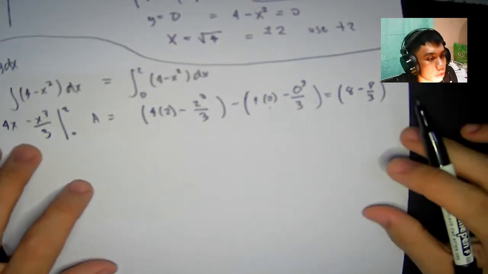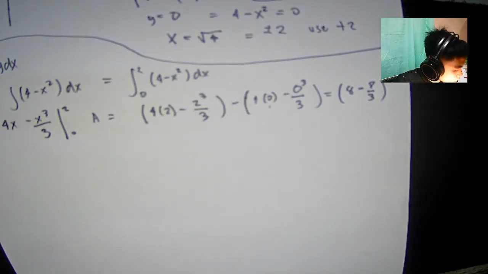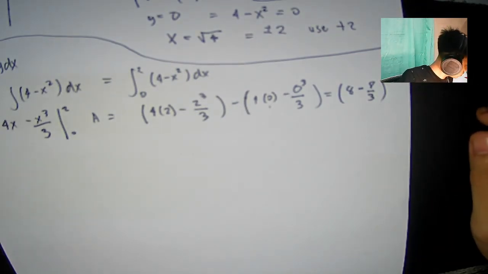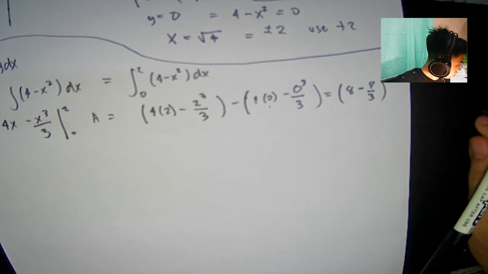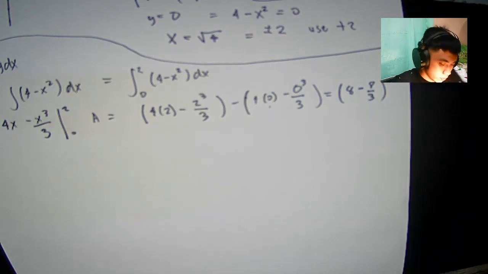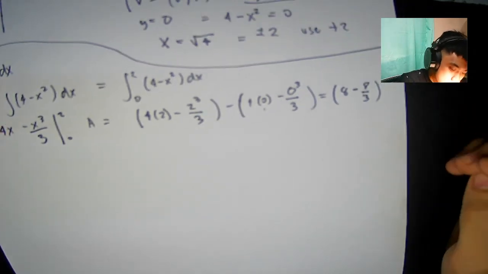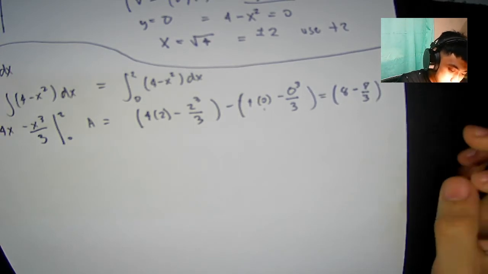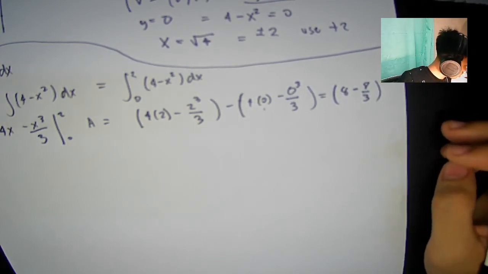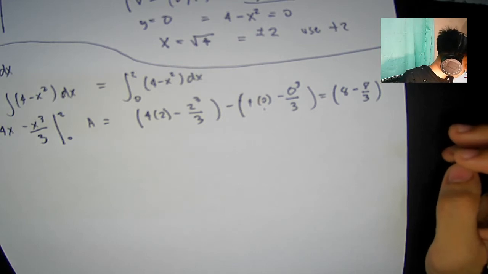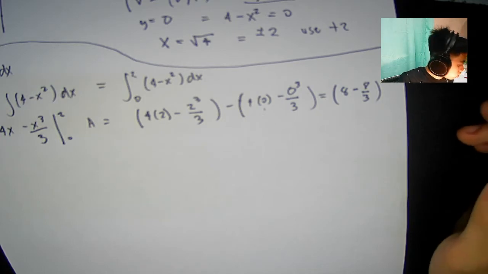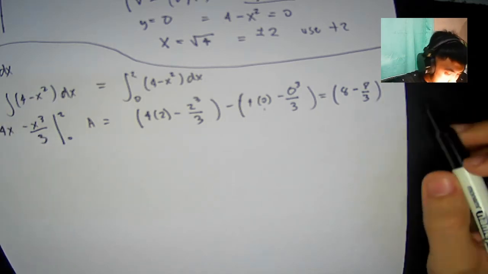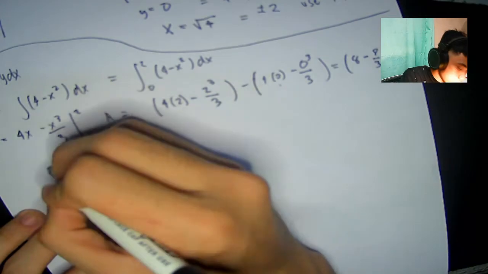Okay, there must be something wrong here. 2 cubed, we'll have 8. So 8 over 3. I have no answer here. It's 2.66.